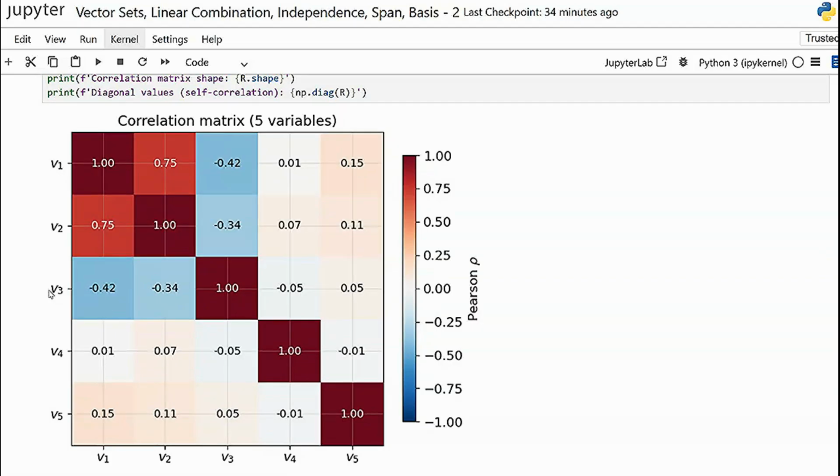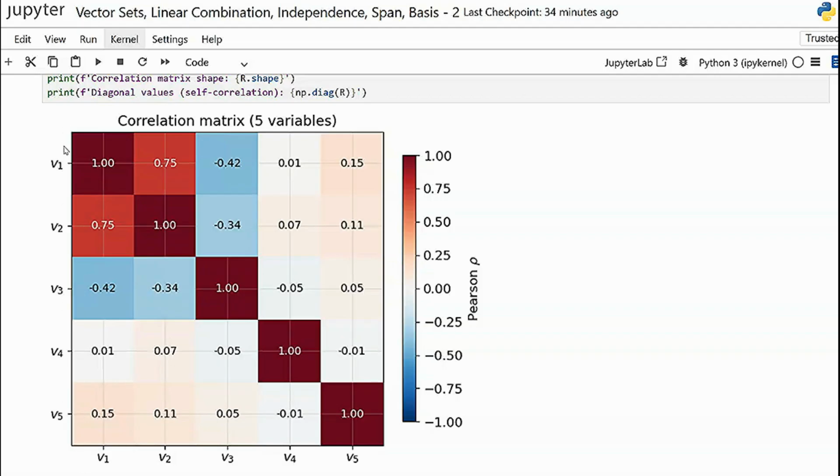Dear friends, the correlation matrix summarizes all pairwise linear relationships in one structure, but it cannot detect nonlinear patterns, and it scales poorly for large data sets. From this correlation output, the correlation matrix reveals the structures we designed.